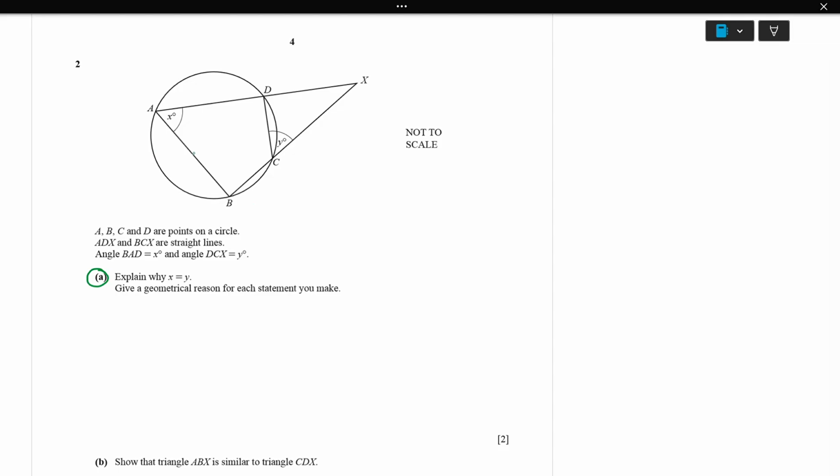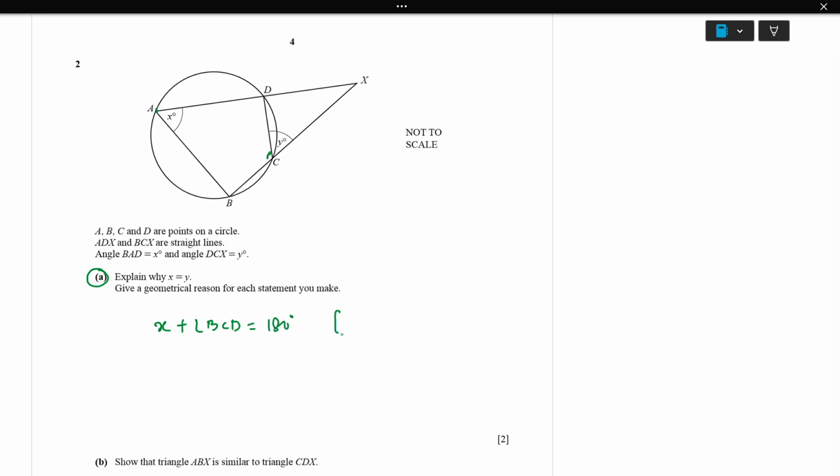First I'll go for this angle and this angle, which are in a cyclic quadrilateral. So I'll write X plus angle BCD equals 180 degrees.